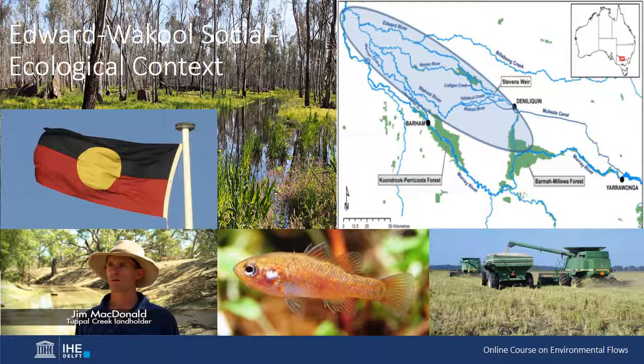The Edward-Wakool system forms a complex social ecological system and contains approximately 2,000 kilometres of permanent and ephemeral rivers, creeks and flood runners. The wider area, called the Riverina, supports a productive agricultural community, producing enough food to feed Australia's 25 million people every day of the year, and also supports a diverse Indigenous cultural history.